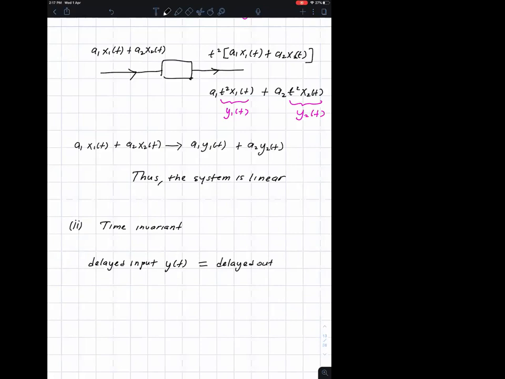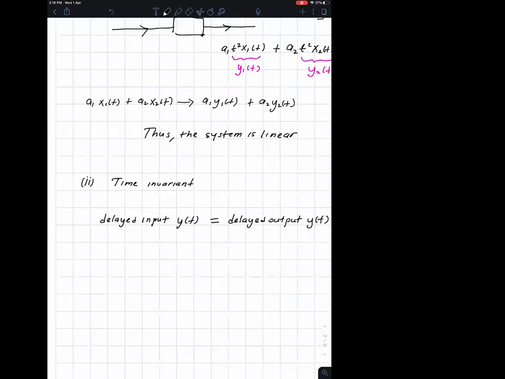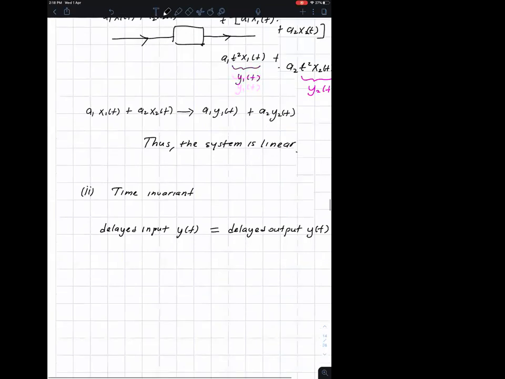So let me see what I'm trying to say here. If I delay the input by t naught, going back to that equation, y(t) is t squared x(t).